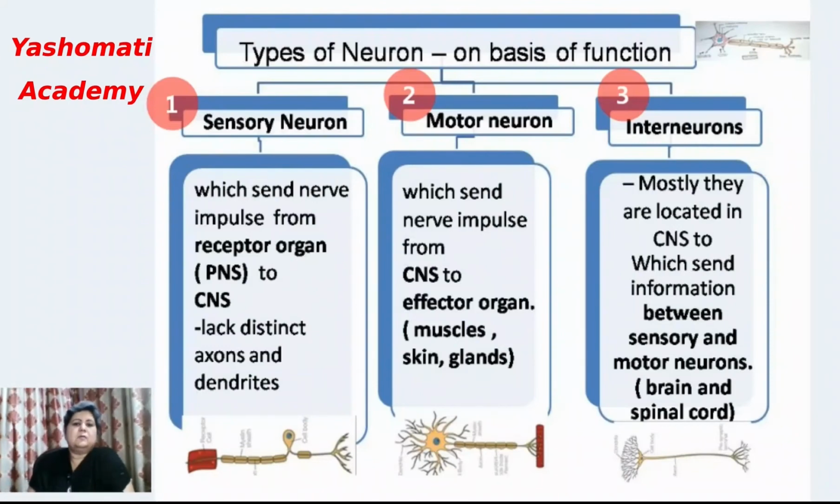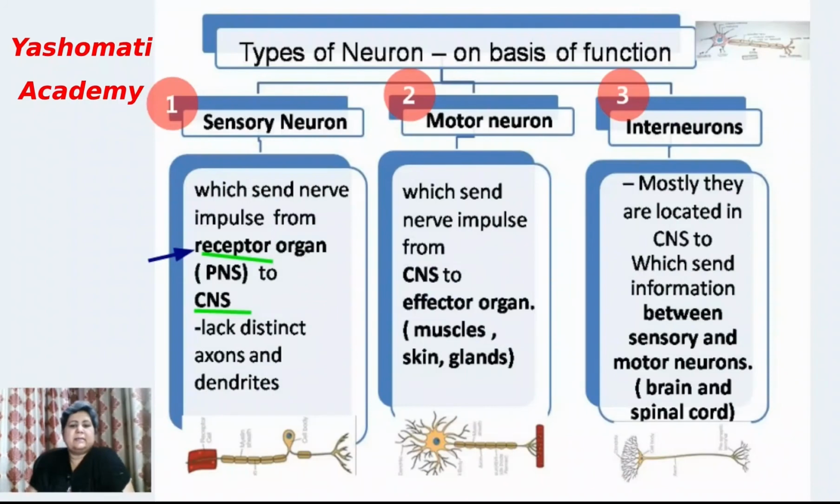Sensory neurons are those neurons which send nerve impulses from the receptor to the CNS. Receptor means that organ which is receiving the stimulus. Receptor organ means the sensory organ. So, those organs which are receiving the stimulus are called receptor organs.